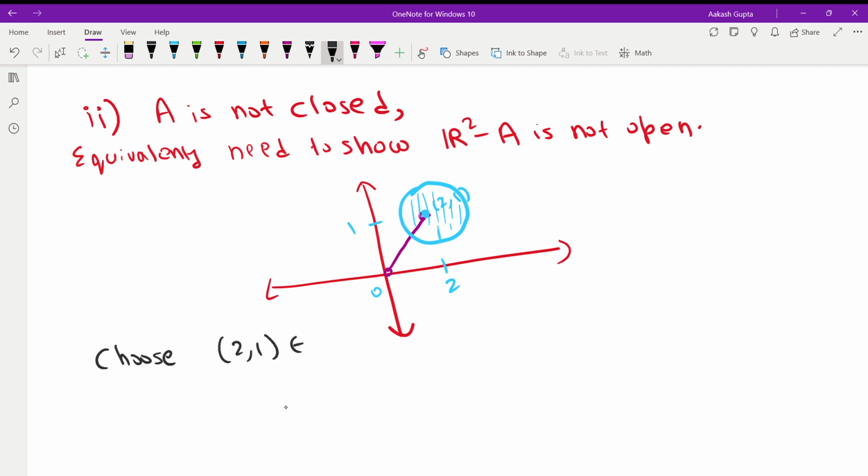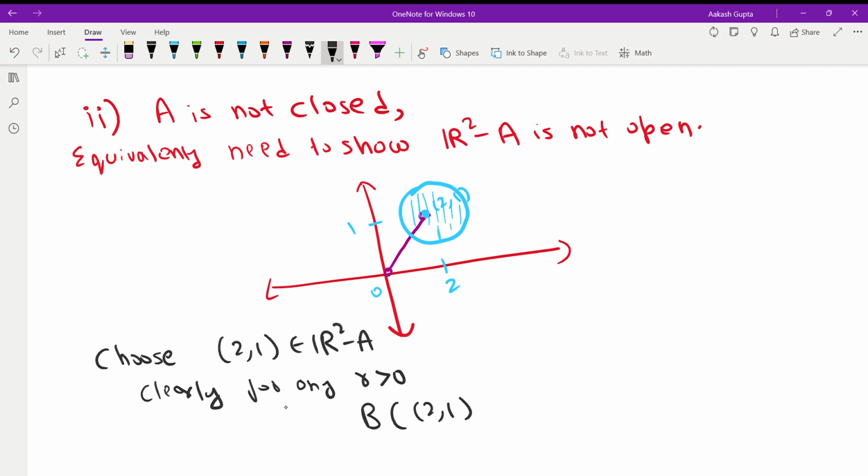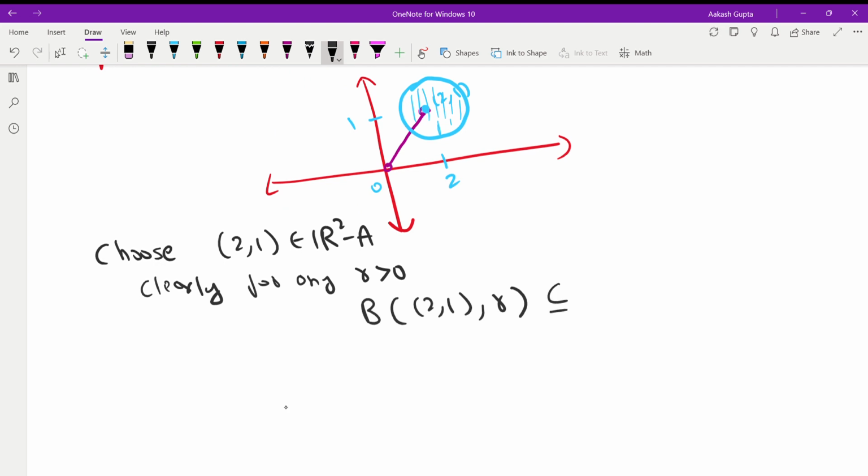So choose 2, 1 in R2 minus A. Clearly, for any r bigger than 0, the ball centered at 2, 1 with radius r is not sitting inside R2 minus A.